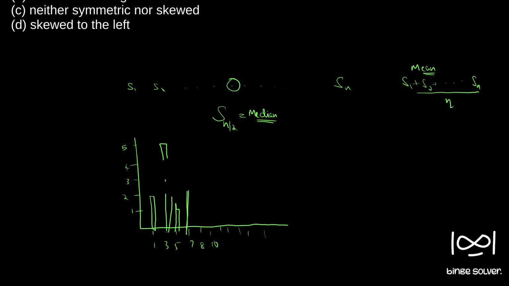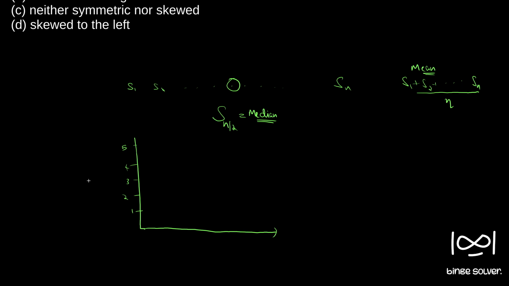I was trying to draw a bar graph here, so I think it is getting confusing. Okay, this is frequency, the number of times it appears. These are the values: 1, 3, 5, 7, 9.